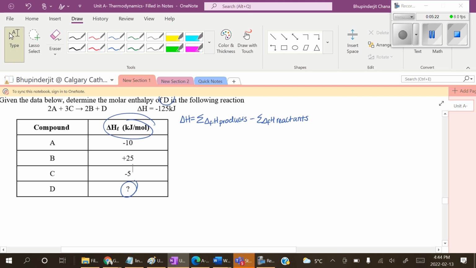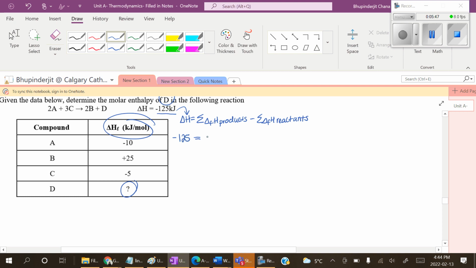So it'll look exactly like this, and then it'll list the values of all of your entities and compounds. Okay, so basically, negative 125 is equal to, now, this is in kilojoules per mole.